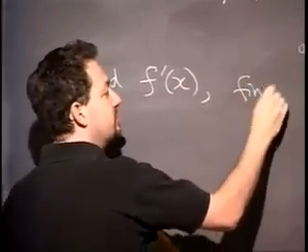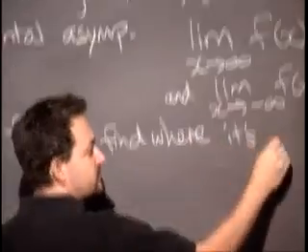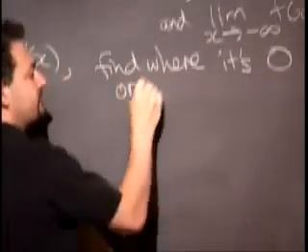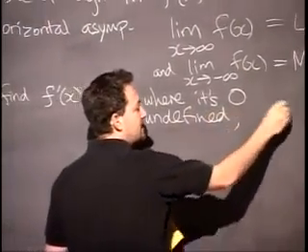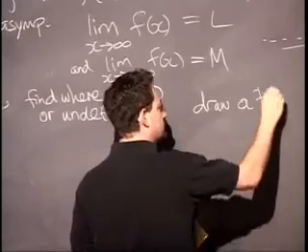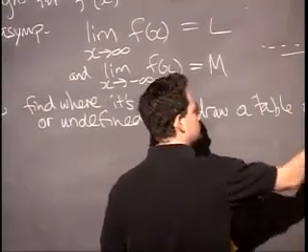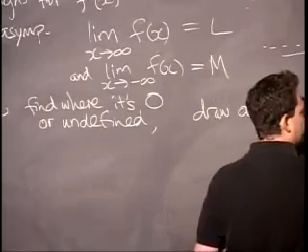Find where it's 0 or undefined, and draw a table of signs for f prime of x.